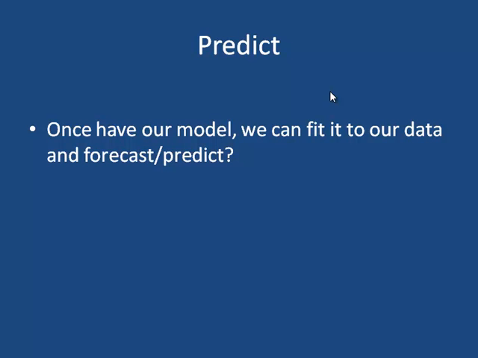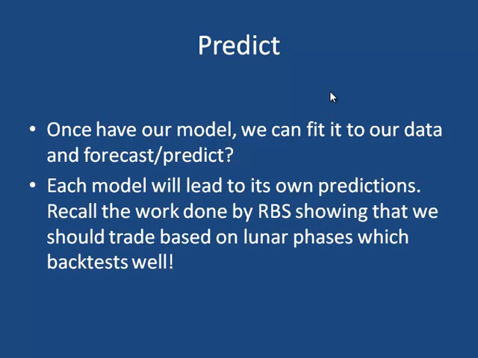With time series and neural nets, it's slightly more complex, but you end up with a prediction curve instead of a straight line, and that is our prediction. So basically the same. So each model will lead to its own predictions.